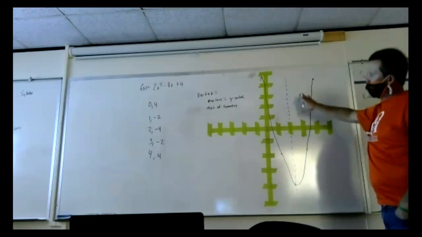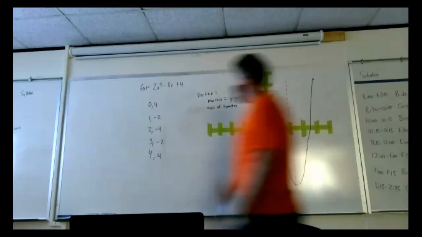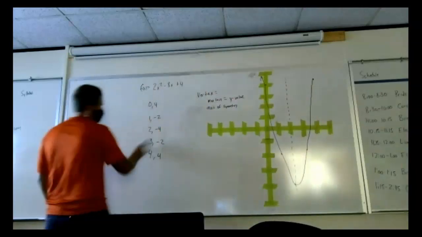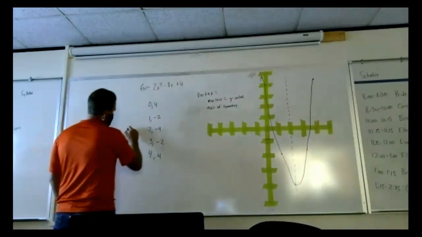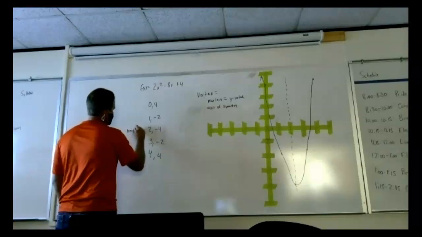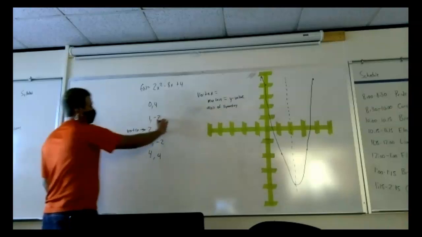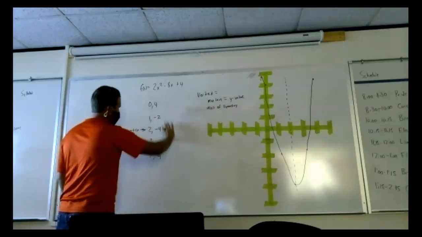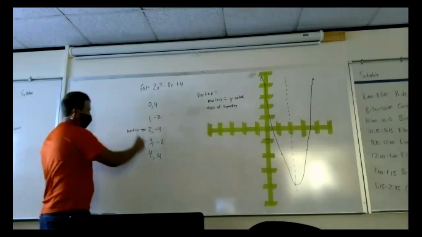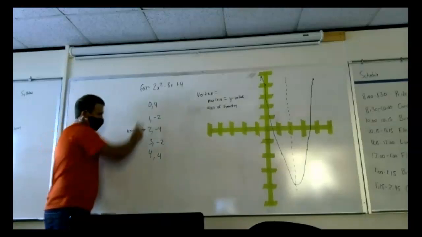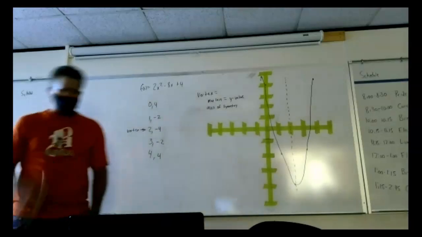Or if you can't really see this very well, you can see it when you're looking at your points. 2, -4 is our vertex. And then if you look, our y values are the exact same as long as we have equal distance from the vertex.